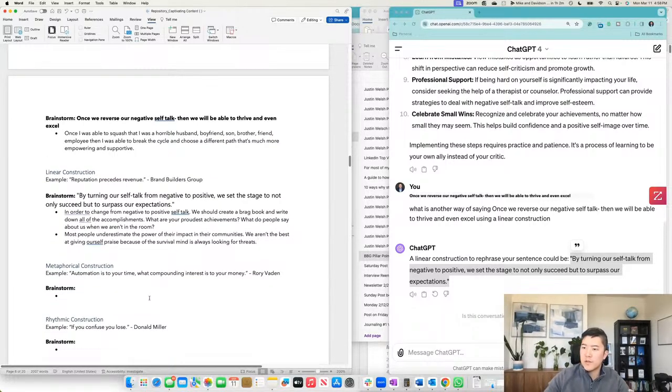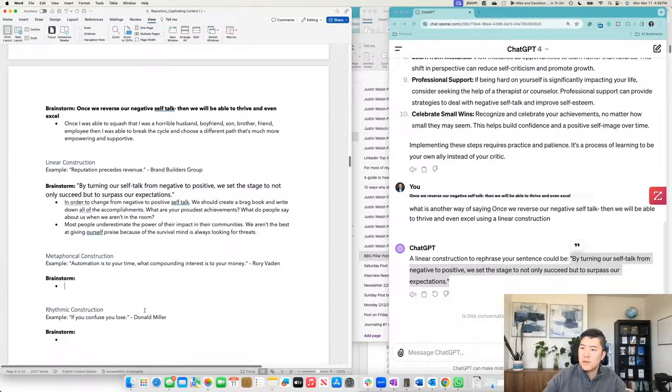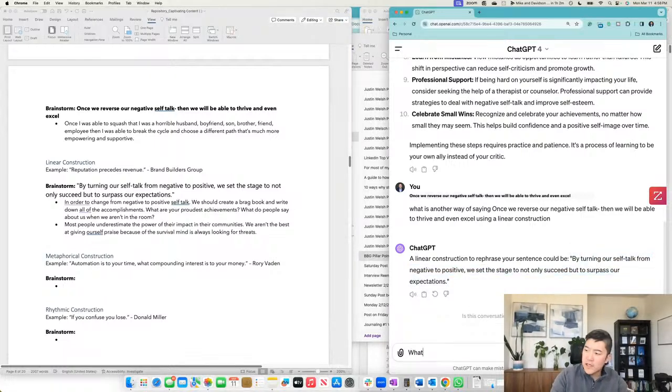If you confuse, you lose. Huh. Automation is to your time what compound interest is... Oh. So what's a catchy way of saying, once we start to love ourselves unconditionally, then anything is possible.